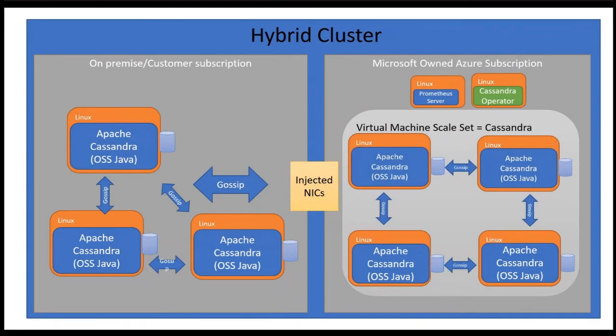And the reason that we can do that is because we inject machines into a customer's virtual network, and so that allows them to have a self-hosted data center in their own Apache Cassandra cluster and have the managed instance data centers effectively join that Cassandra ring. And so I'm just going to talk a little bit about this with a short demo.